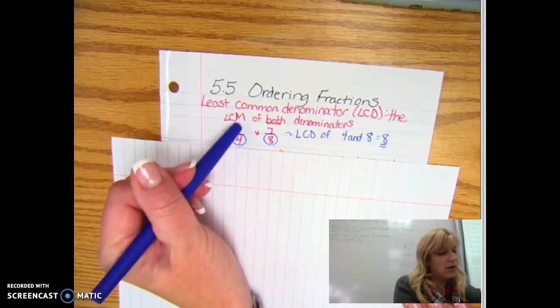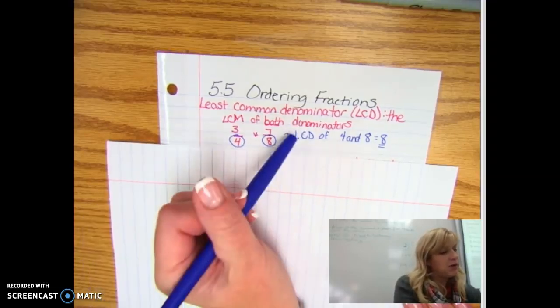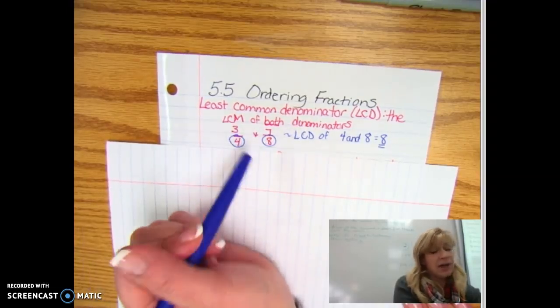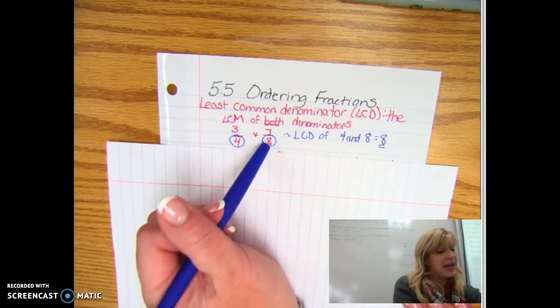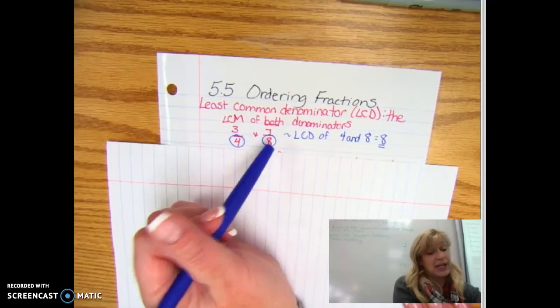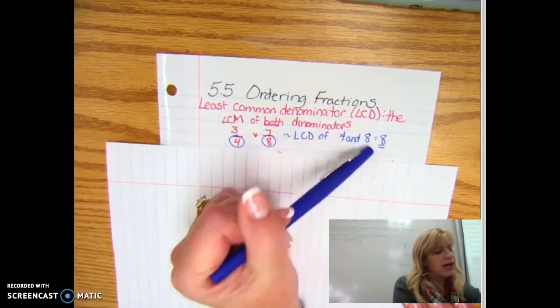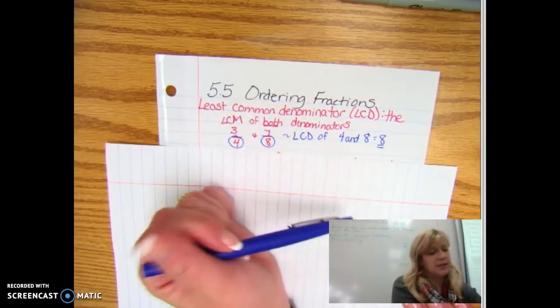We'll make the whole fraction equivalent eventually, but I can tell you that in order to compare them, both denominators need to be 8, because I see that 4 times 2 will become an 8, and 8 times 1 is obviously 8. So the LCD of 4 and 8 is going to be 8.